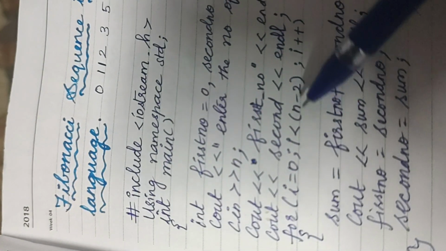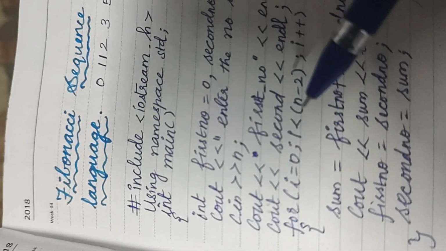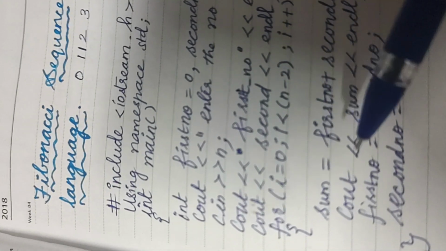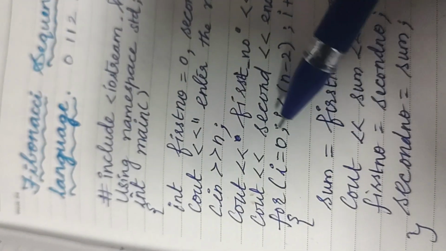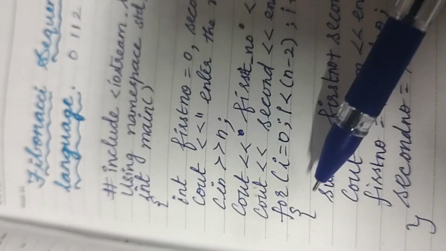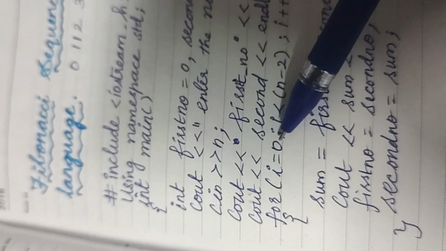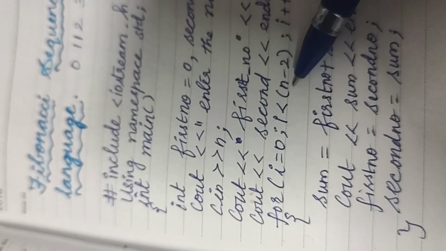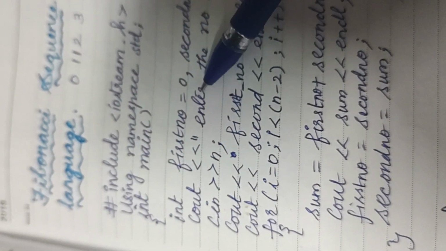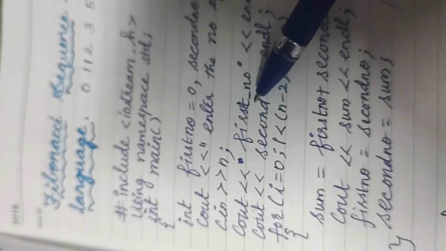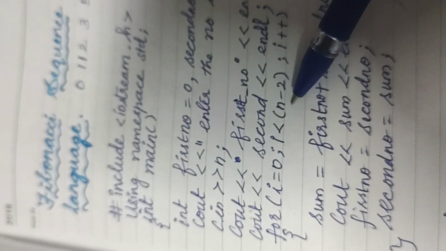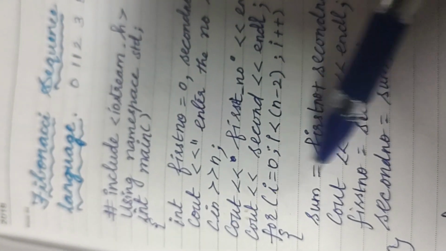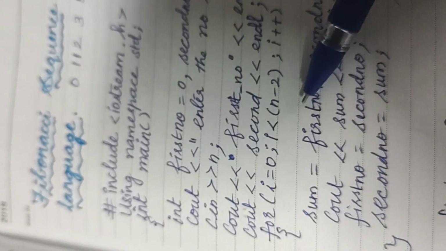Up to 10 terms it has to execute again and again, so we go for a for loop. The for loop has three parts. In the first part we initialize i equal to 0. Then i should be less than n minus 2. The first two terms have been initialized and printed already, so we don't want those 2 terms. The remaining 8 terms have to be printed, so the loop has to execute up to 8 times.